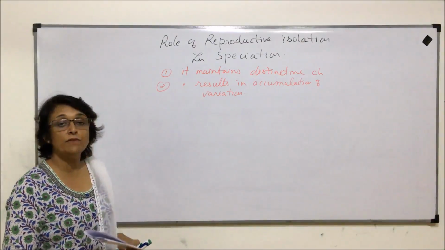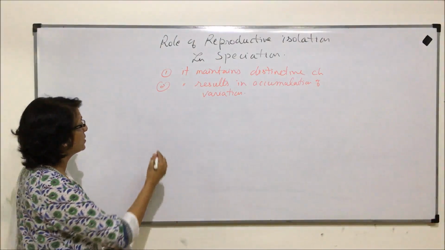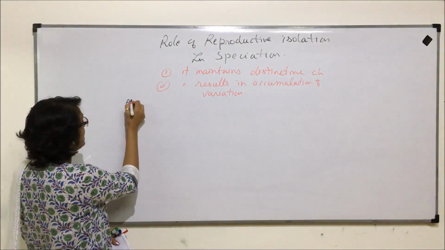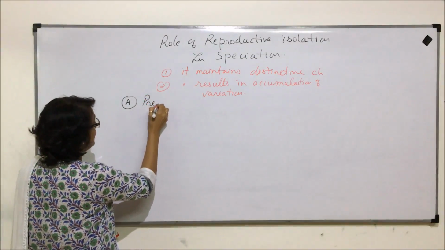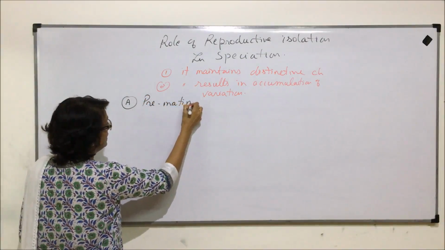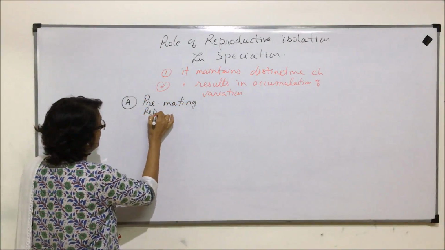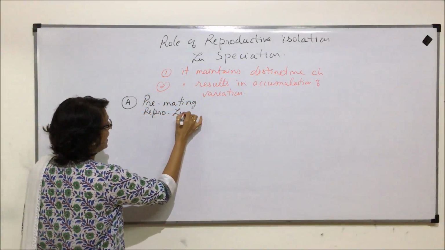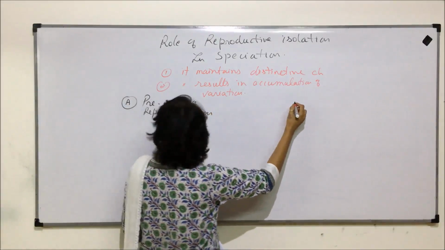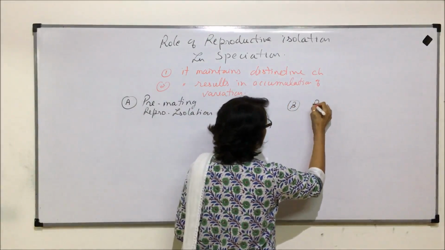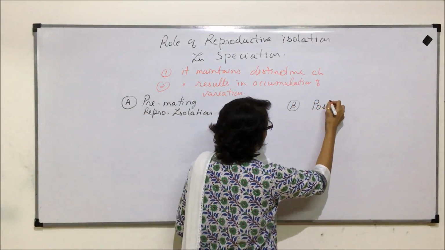speciation. And if we have to divide this reproductive isolation, we can classify it as pre-mating reproductive isolation, and second is post-mating reproductive isolation.